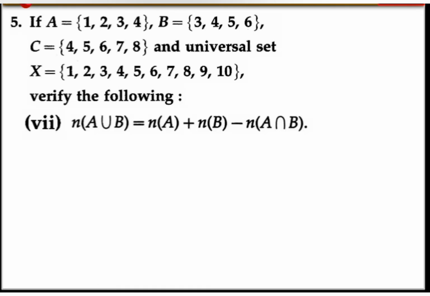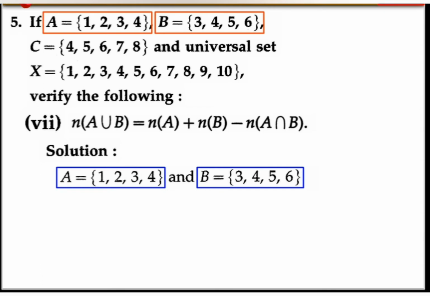Number of elements in A union B is equal to number of elements in A plus number of elements in B minus number of elements in A intersection B. Solution. Now A is equal to set of 1, 2, 3, 4 and B is equal to set of 3, 4, 5, 6.